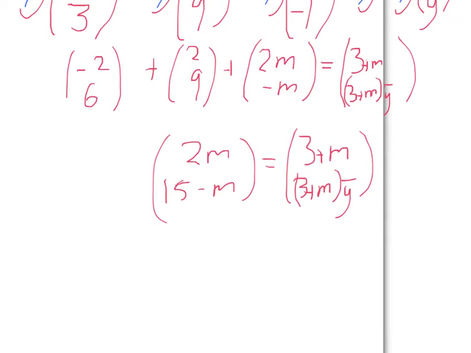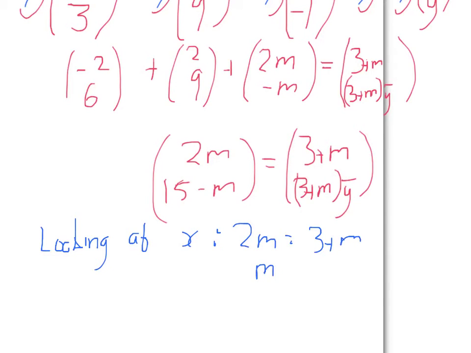So, if we want to find the y, we can find the m part first, using the top x parts and setting them equal to each other. So looking at the x, we've got 2m is equal to 3 plus m. So take away m from both sides, we've got m equals 3. Now we can use that to find out what the centre of mass for the y is.